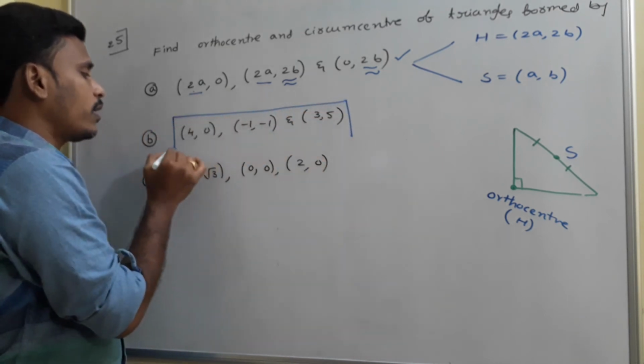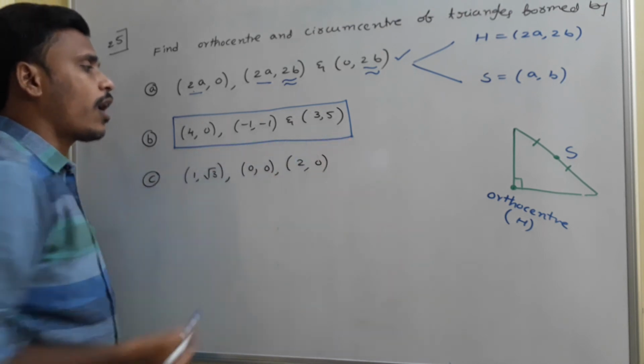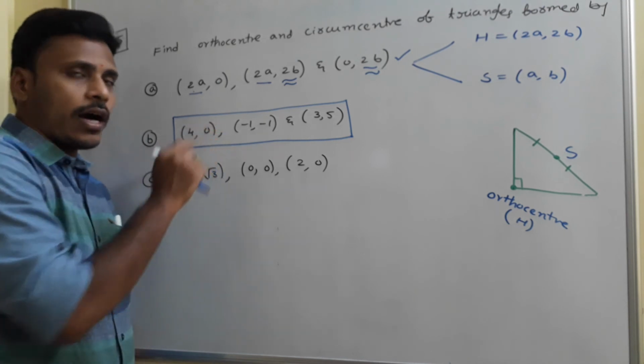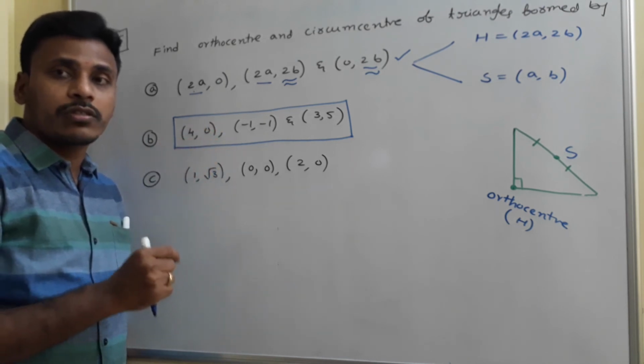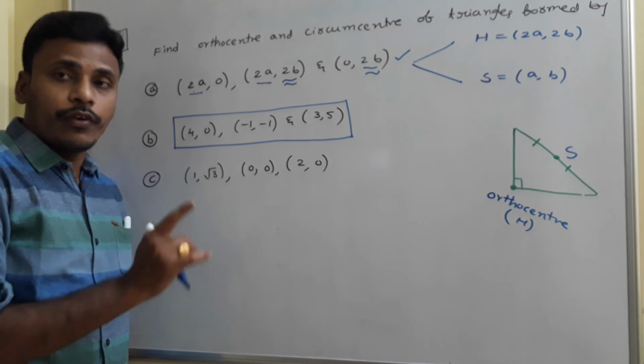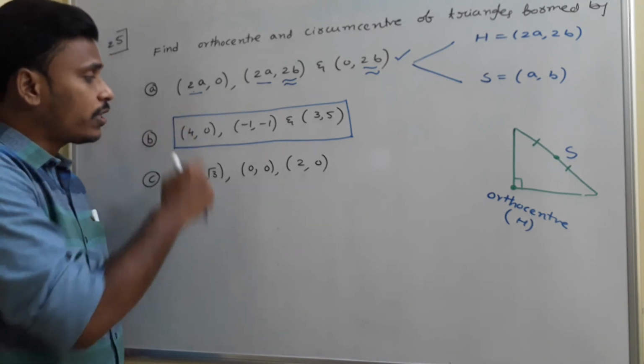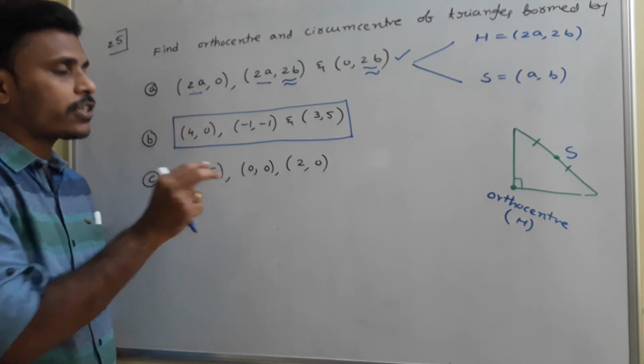Now this time the vertices are 4 comma 0, minus 1 comma minus 1 and 3 comma 5. We know the way of finding the orthocenter and circumcenter in a general triangle. We discussed it in previous classes. But I just mentioned that these are special triangles.